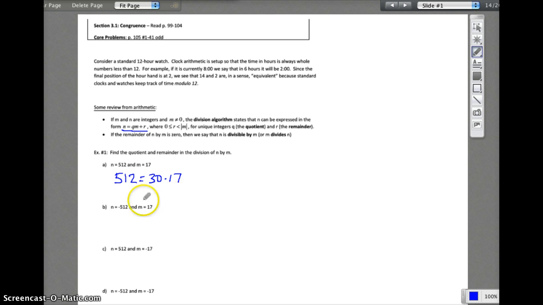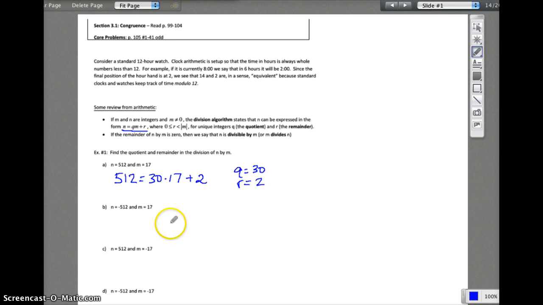To find out what that is, on your calculator, take 512 and subtract 30 times 17 to see what is left. You'll see that there is 2 left. So 30 times 17 is 510, plus 2 is 512. So in this case, our quotient q is 30, our remainder r is 2.